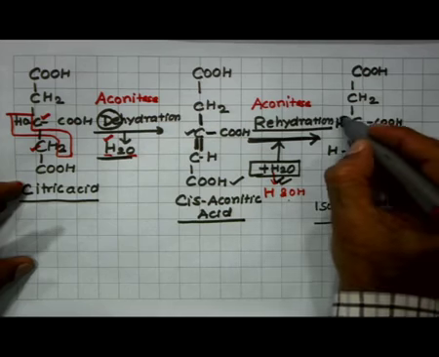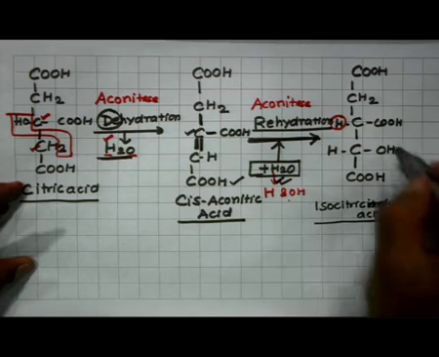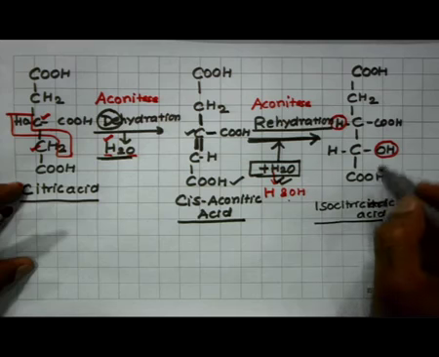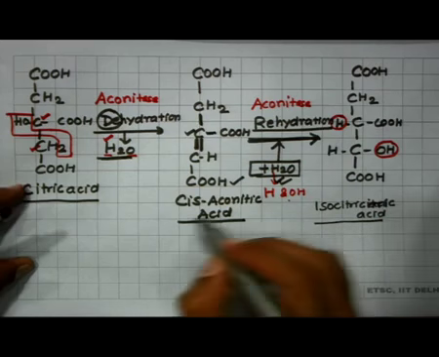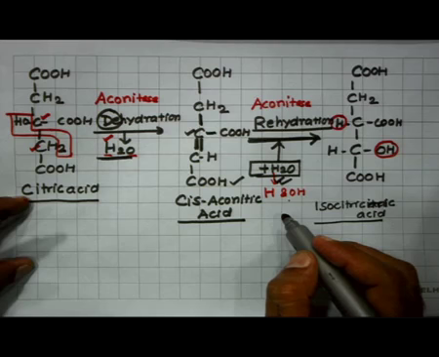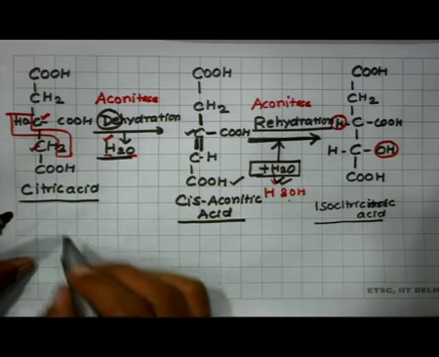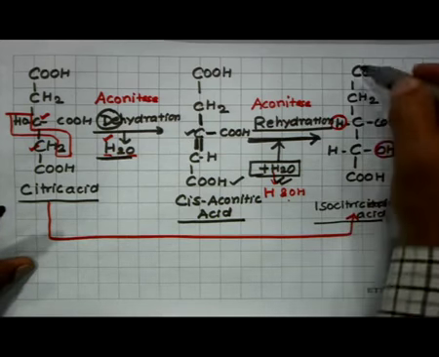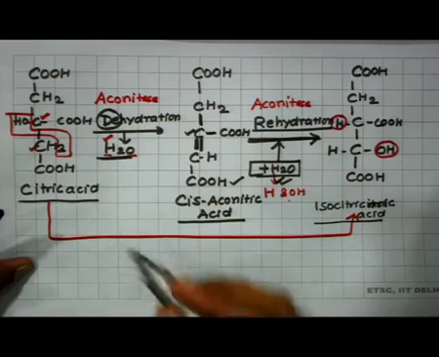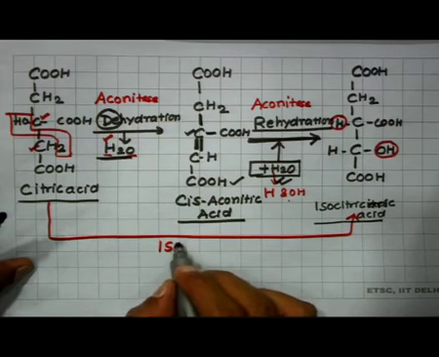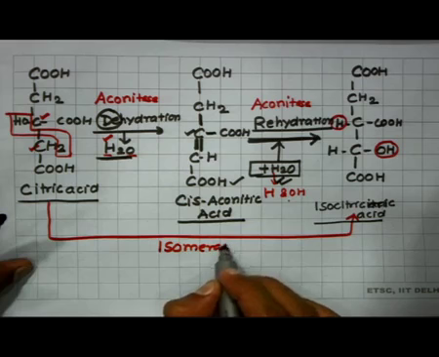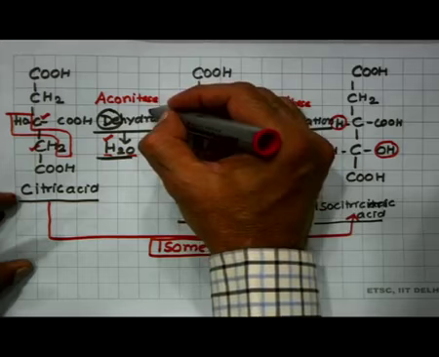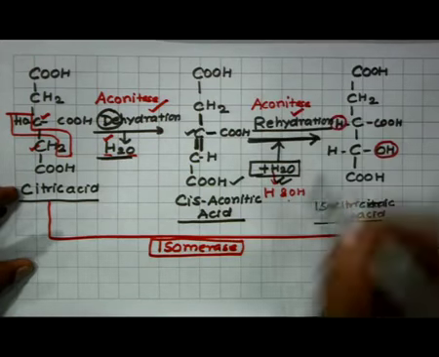This H is added here and this OH is added here. So, you can easily write the formula of isocitric acid from cis aconitic acid. The entire reaction from the citric acid to the isocitric acid has the same structural formula. So, this entire reaction is called isomerase, but 2 steps are there. One step is called dehydration, another step is called rehydration.